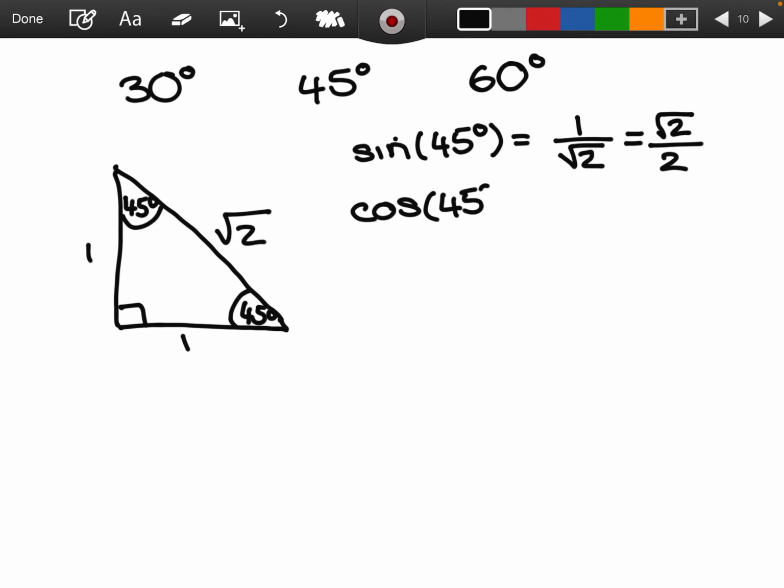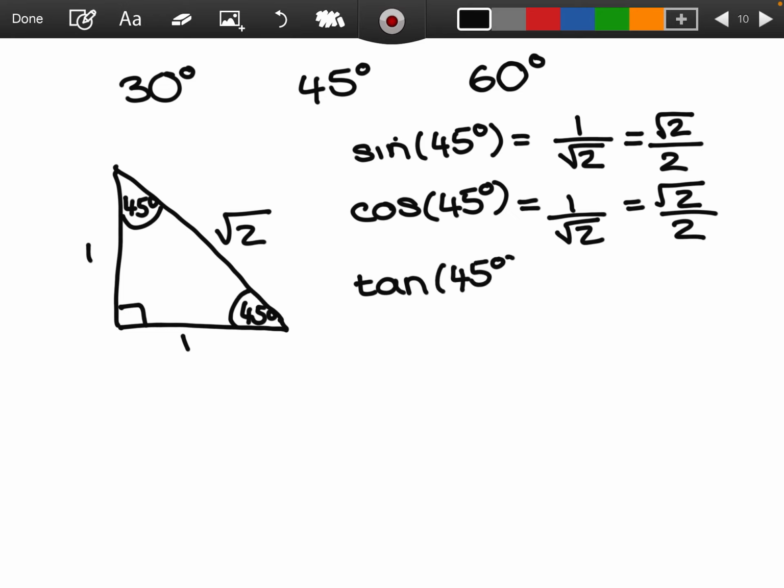Cosine of 45 degrees is the same thing. Again, it would be the adjacent divided by the hypotenuse, and you can do that for either of those 45-degree angles. And you rationalize the denominator. So both sine of 45 degrees and cosine of 45 degrees have the same value.